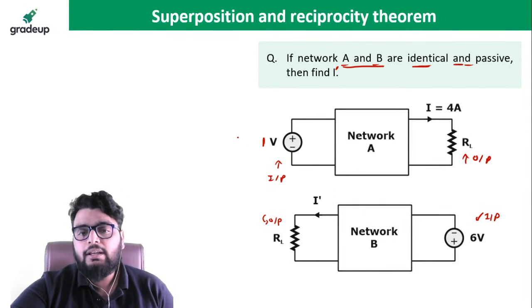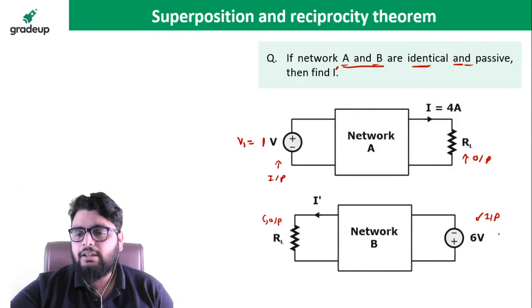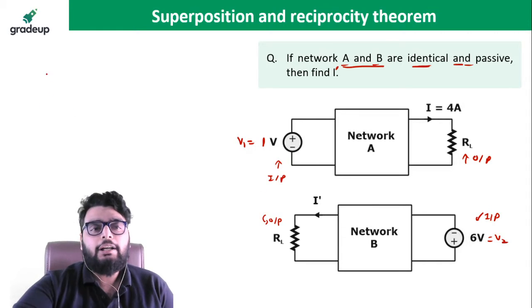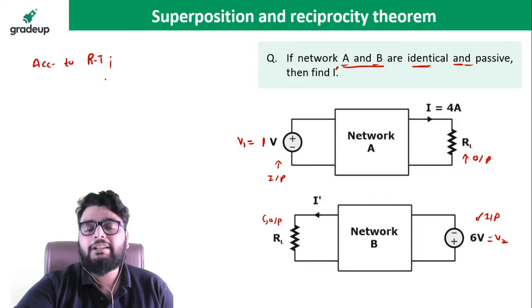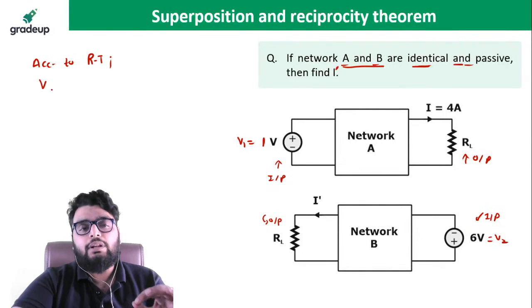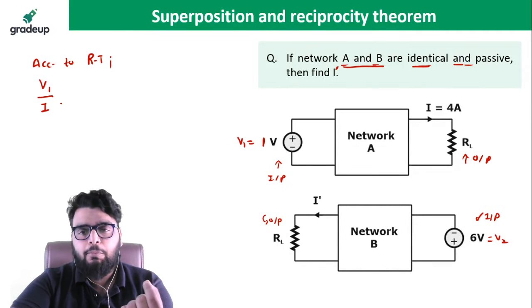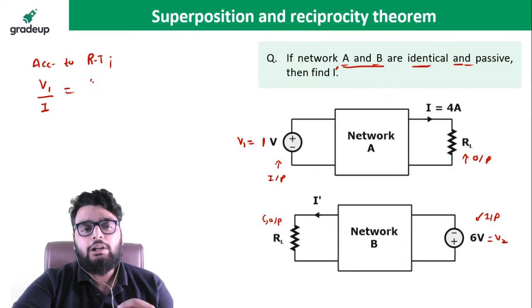So let us suppose this is V1, this is I1, this is I dash, this is V2. So according to the reciprocity theorem, what can I write? I can write the ratio of excitation to response. Excitation means input. The response I is going to be the same in both the circuits.